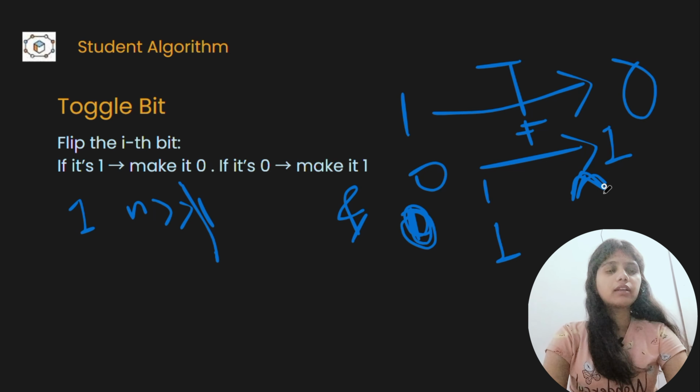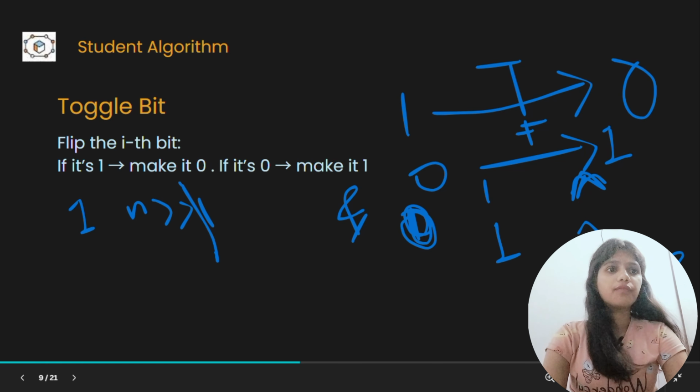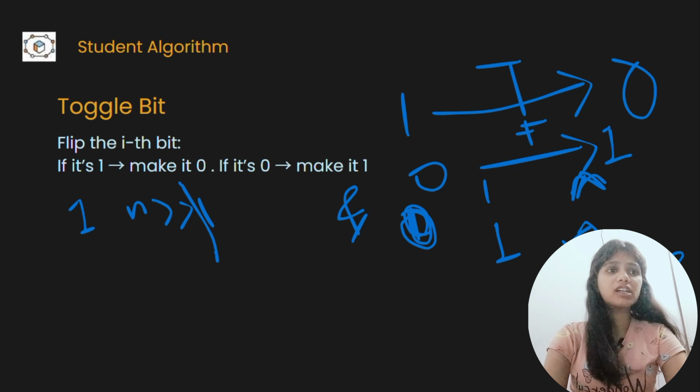So the XOR operator is nothing but if you have the same bits, it gives you 0. If you have different bits, it gives you 1. That means if you have 1 and we are performing XOR with 1, it automatically turns to 0.